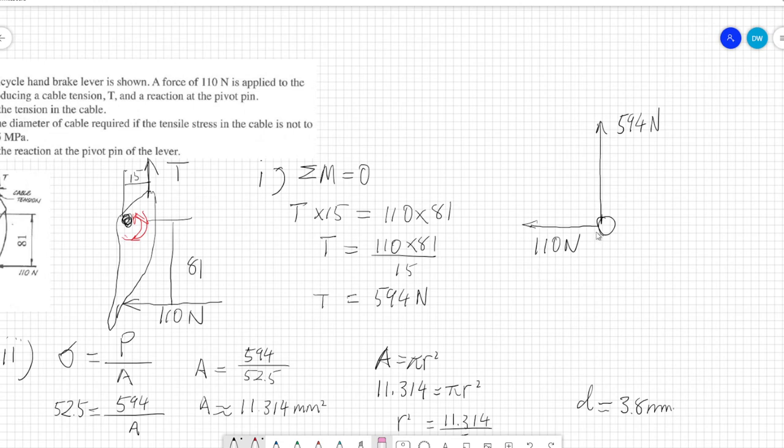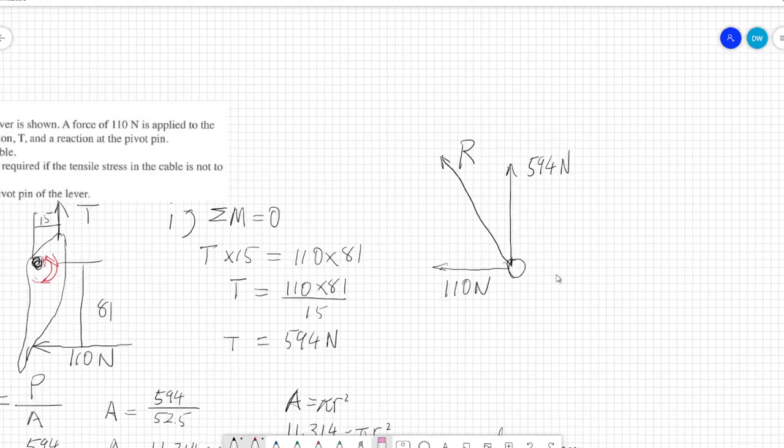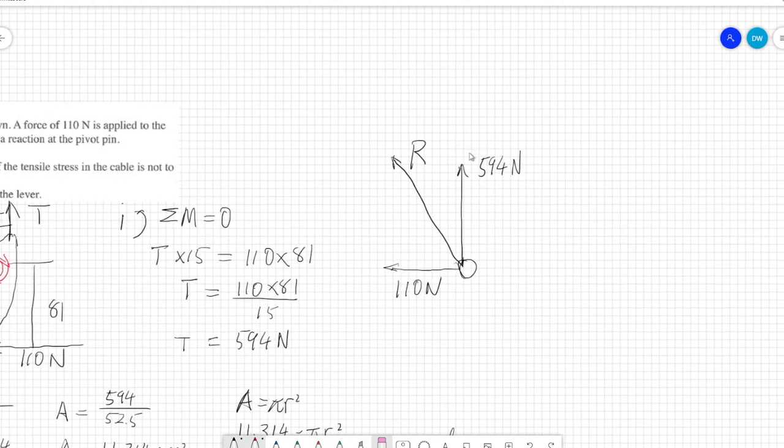Those are the two forces at the pivot, and their resultant is this one, isn't it? So their resultant, R, is this force, and we need to find what R is. Obviously, vertical, horizontal, these two sides, we apply Pythagoras theorem.